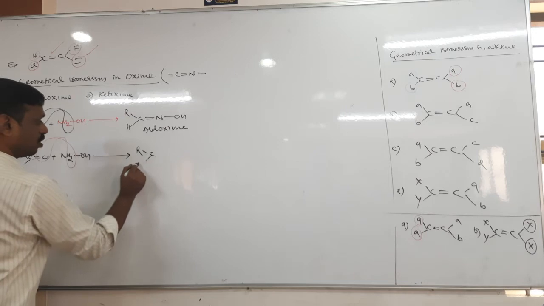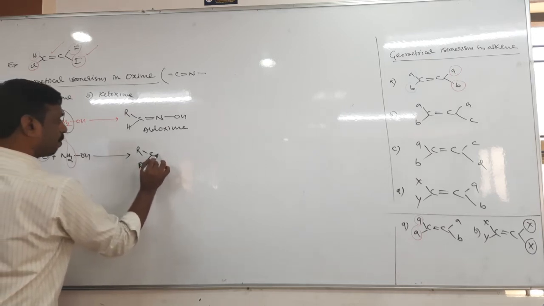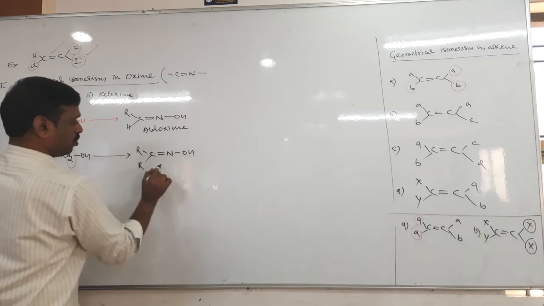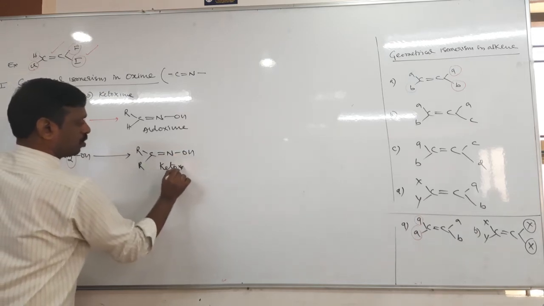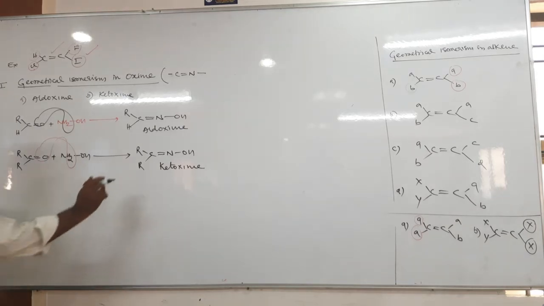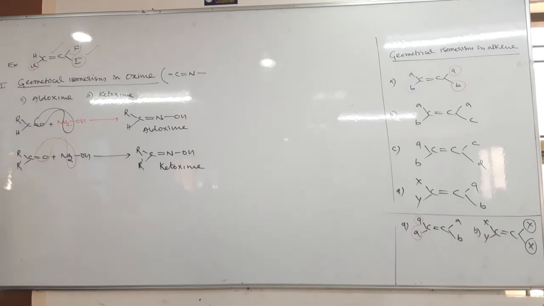C double bond NOH, which is called ketoxime. The two R groups should not be equal; one is R, the other should be R dash. Therefore, aldoxime and ketoxime, these two can exhibit geometrical isomerism.